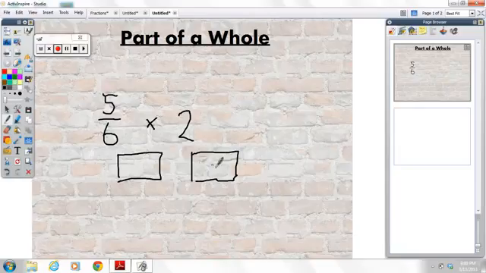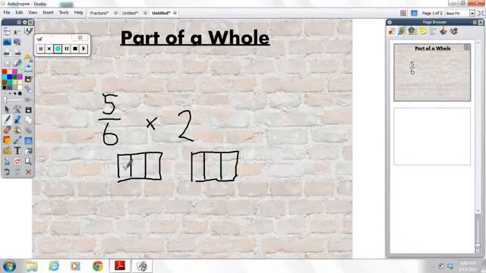I need to divide these 2 boxes up so I have 6 equal boxes. Well, I know that 6 divided by 2 is going to give me 3, so if there's 3 in this box and 3 in this box, I'm going to have 6 total boxes. I broke each of these boxes up into thirds.